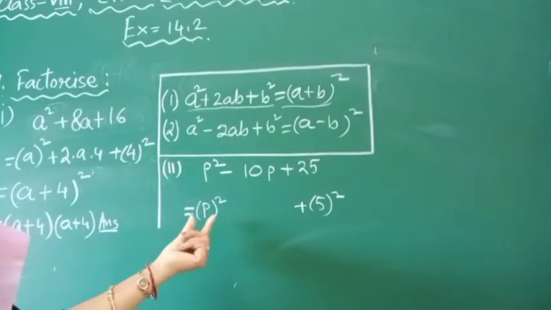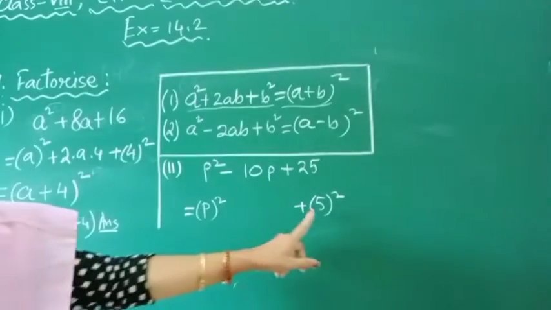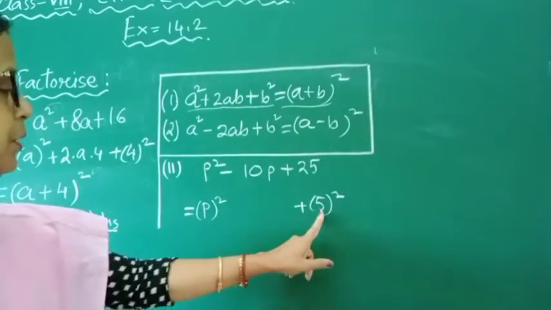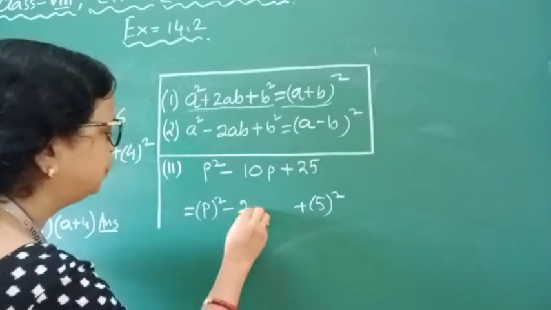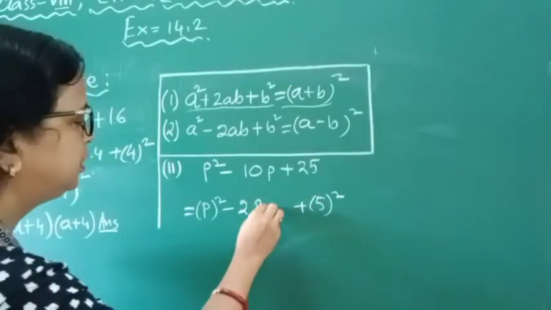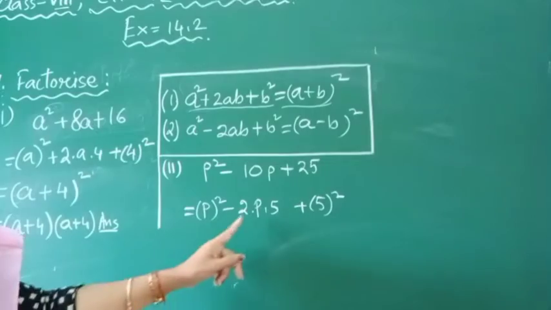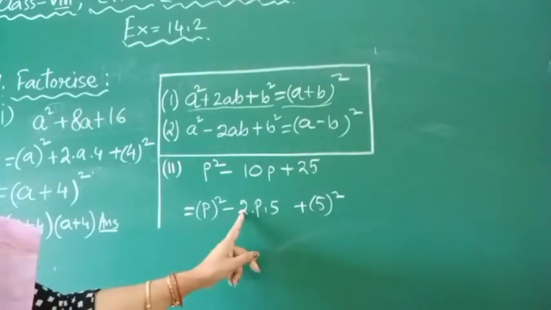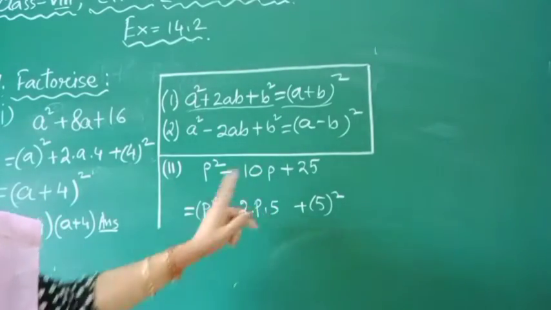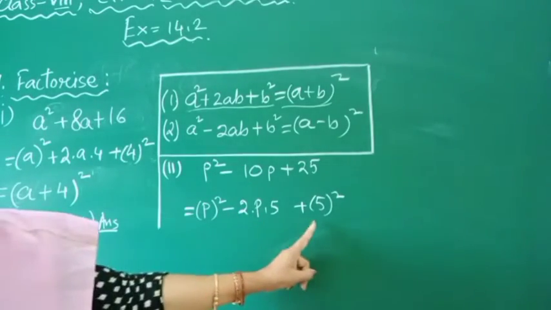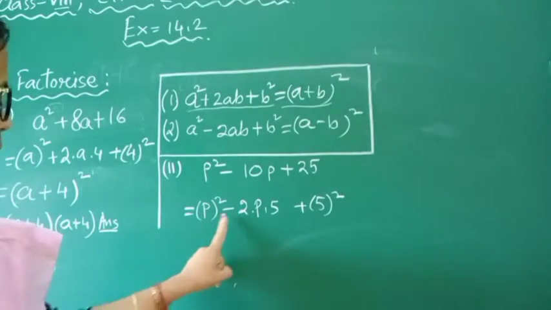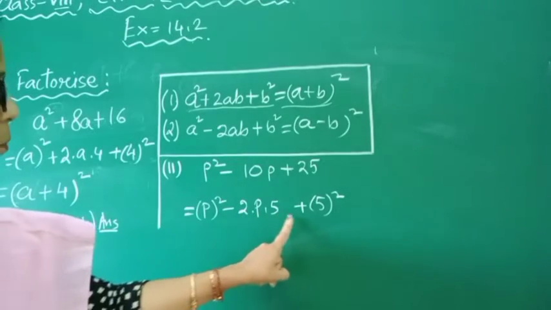A square minus 2ab plus b square, where the 2ab term is 10p. So if a is p and b is 5, then I am writing 2 into a into b. See, our 10p is here: 2 into 5, 10, 10 into p, 10p. So it is very clear that it is a square minus 2ab plus b square.